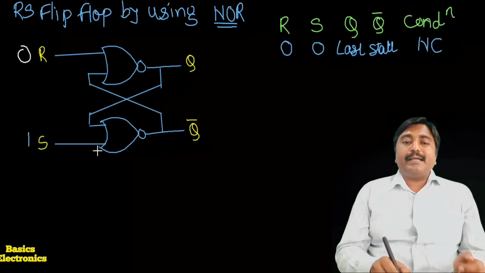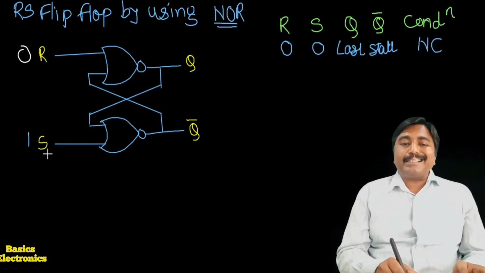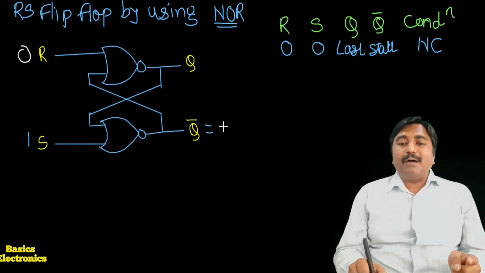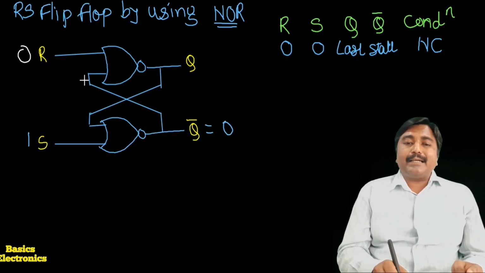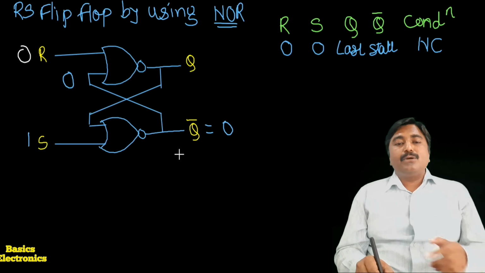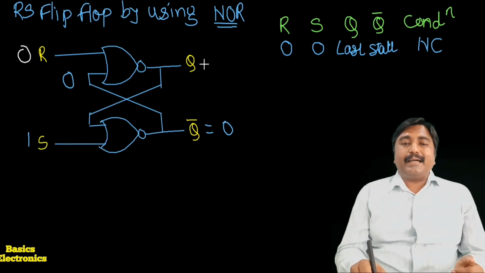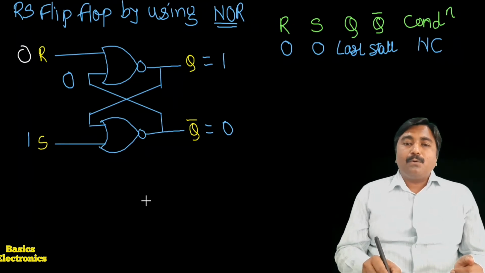So here S is equal to 1, which means the output Q bar is equal to 0. It is applied to the upper gate, so we get both inputs 0, 0, and its output is equal to 1.